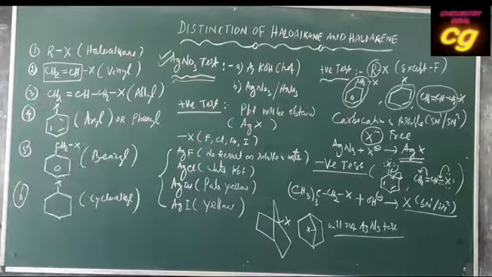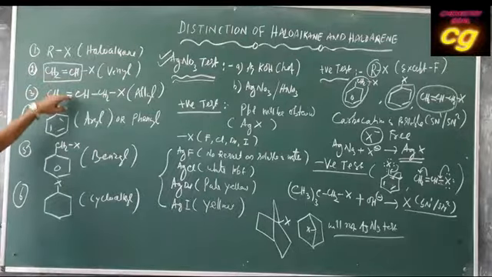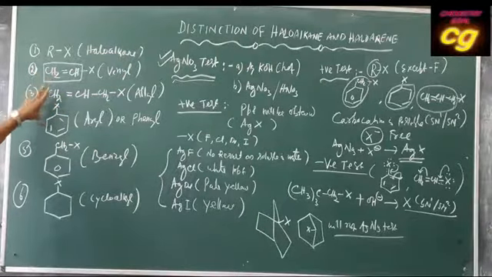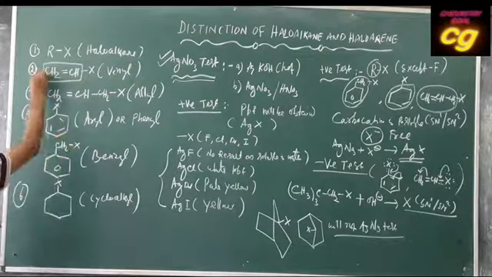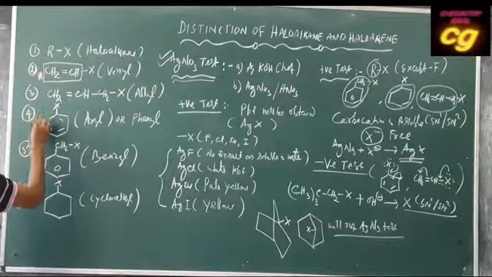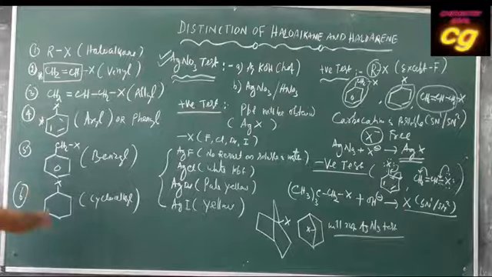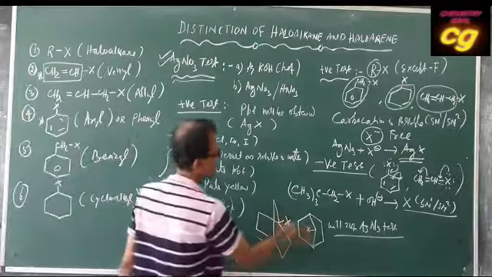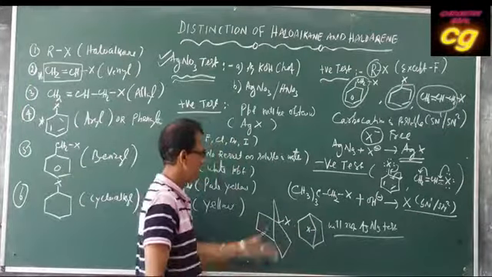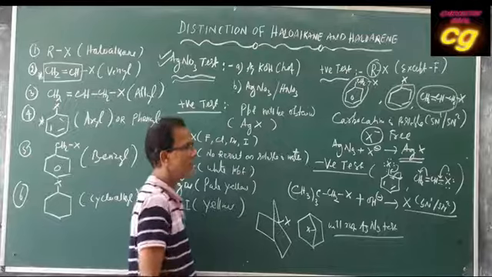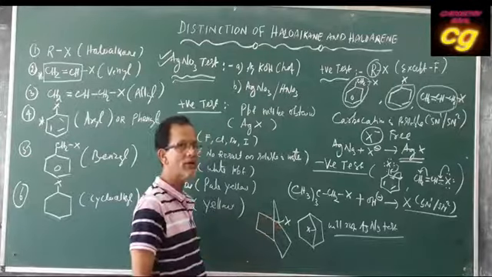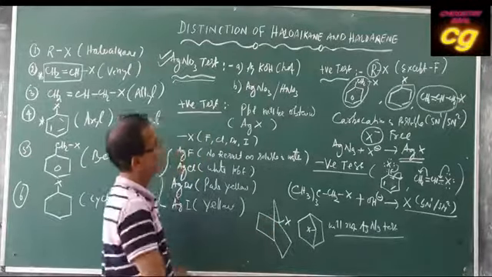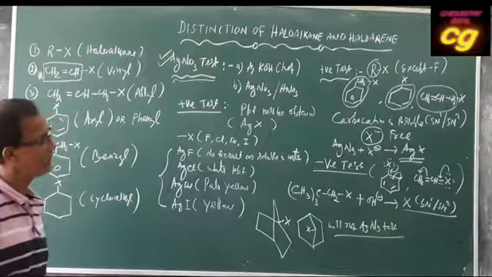We have to see the structure, whether it is a vinyl group, allyl group, or aryl. If vinyl or aryl is there, it is a negative test. This is mainly negative. The star symbol is a negative test. The others will give. And this bicyclo compound also will not give the silver nitrate test, because it will not allow the attack of the nucleophile. So this is regarding the distinction of haloalkane and haloarene.